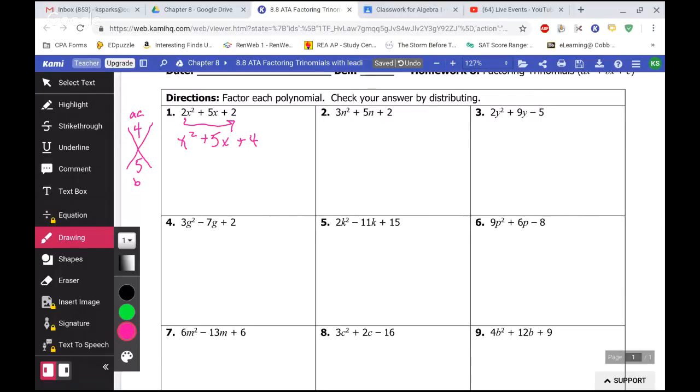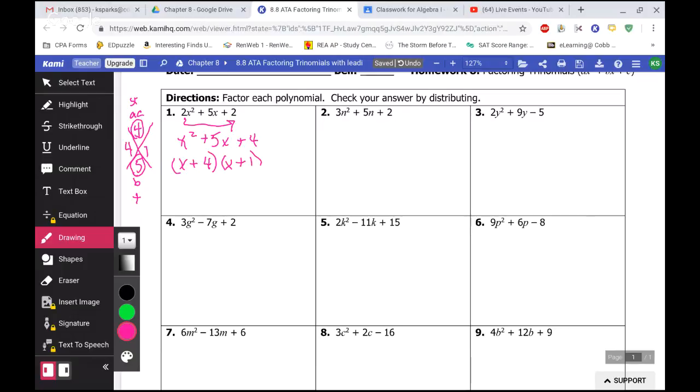And now when you get ready to factor, they're going to talk about 2 factors that multiply to give you 4, that when you add, give you 5. So that's going to be 4 and 1. I don't know if that would help you process it out a little better, like a little diagram so that you're thinking through. So this is the multiplication part at the top, and this is the adding at the bottom.